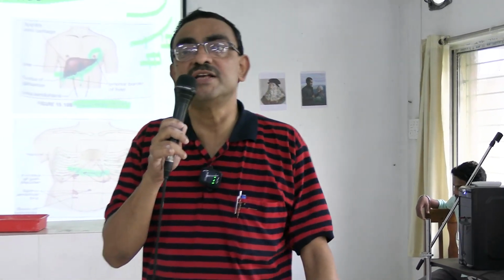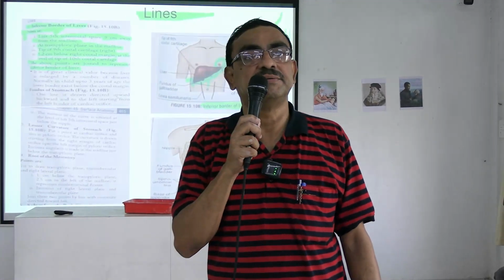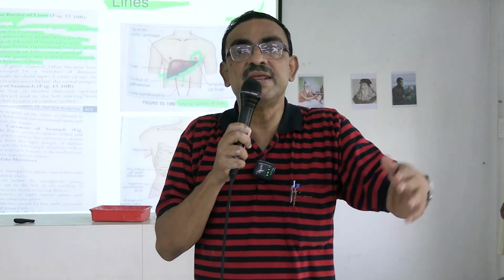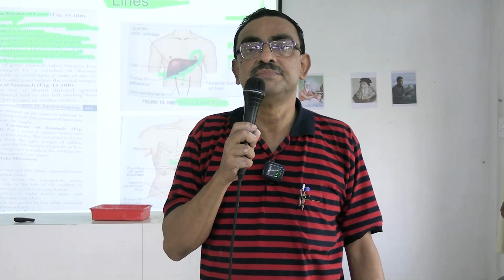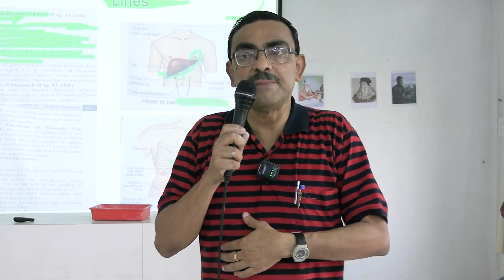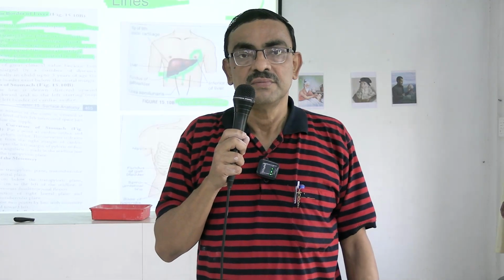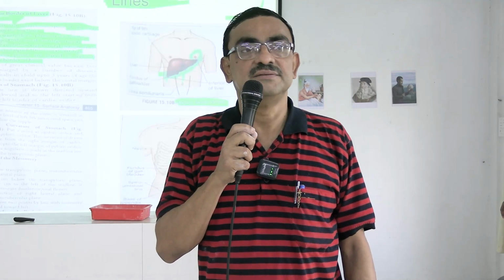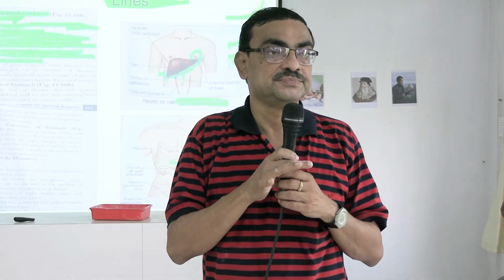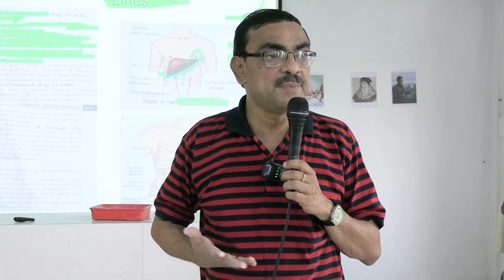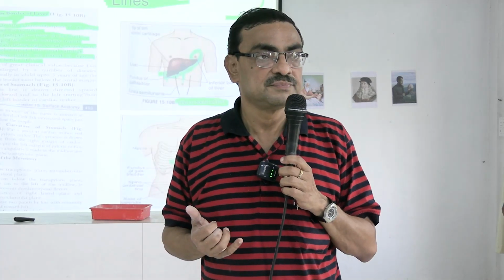Now what is the importance of the inferior border of the liver? The inferior border of the liver is palpable in a child below 3 years of age. Liver can be palpated normally.